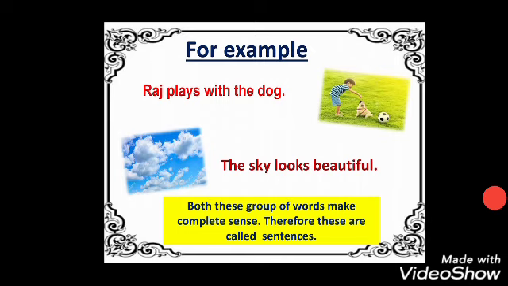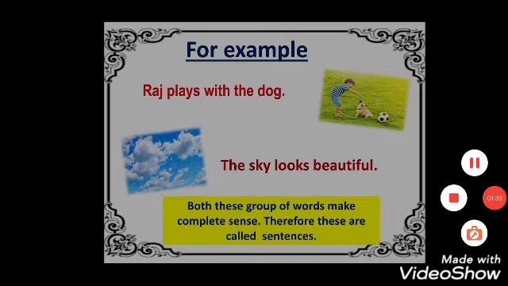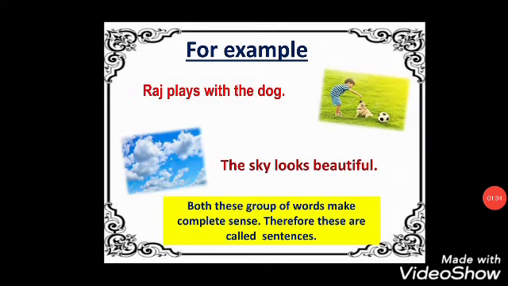Children, kindly repeat the first sentence after me. Raj plays with the dog. Repeat loudly. Raj plays with the dog. Second sentence. The sky looks very beautiful. Yes, children, repeat aloud.